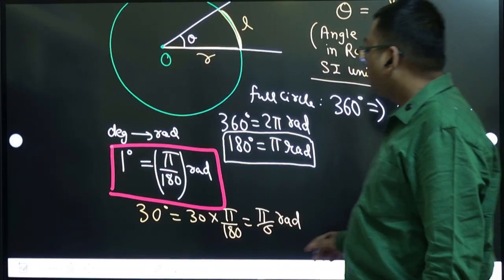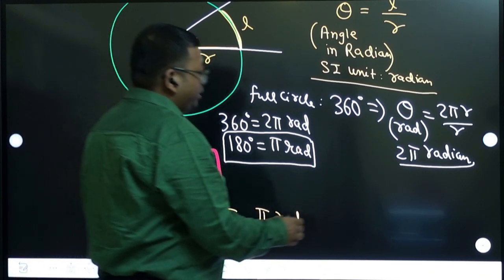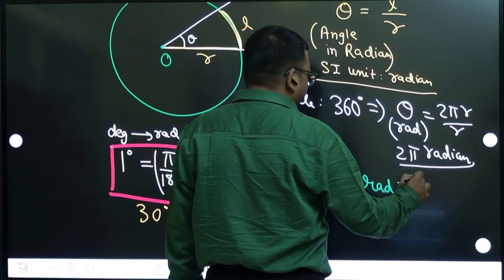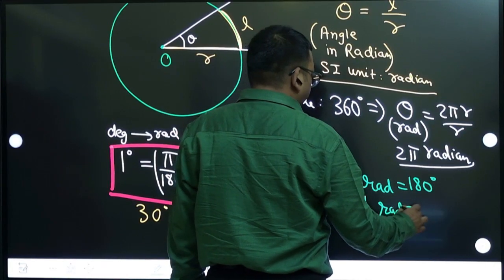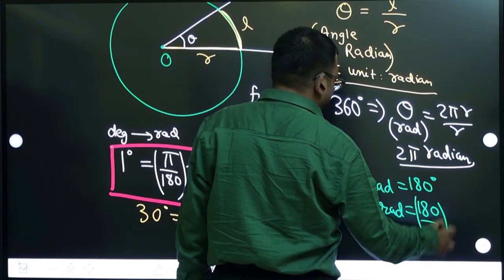Similarly, if I want to convert radian to degrees, I will take pi radian as 180 degree, so 1 radian as 180 by pi. This whole thing becomes degrees.